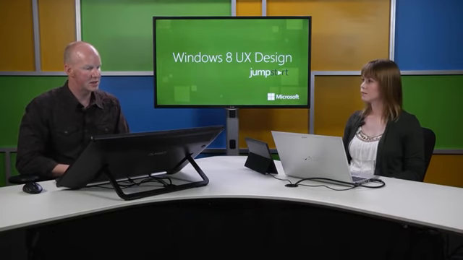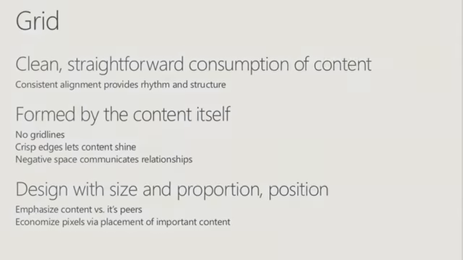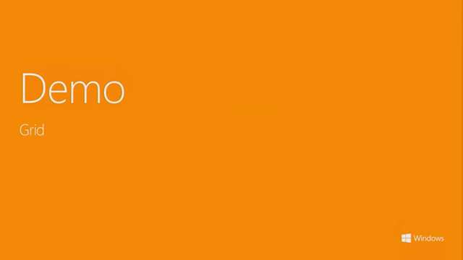We're going to use this grid to structure the pages such that they're built based on size and proportion and positive negative space and the content itself, so that I have a page that is organized and structured by the content rather than having to use lines to separate content. Yeah, and it really makes the content itself shine.